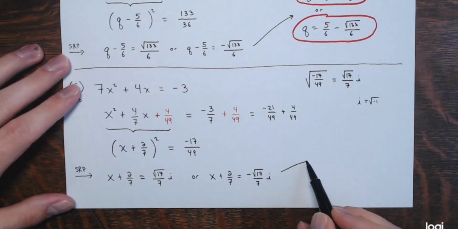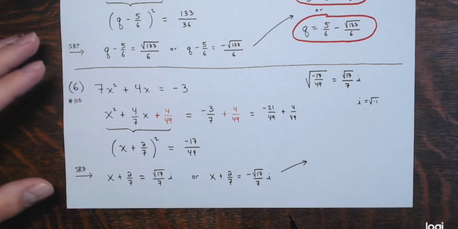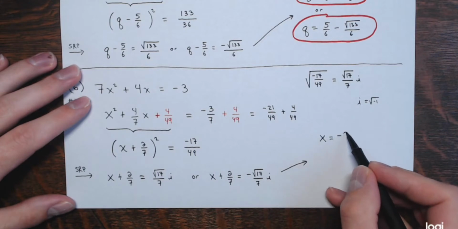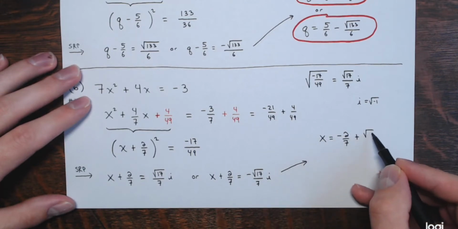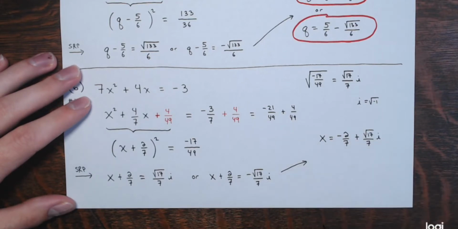And then over here, to solve x in both of these, we simply subtract 2/7 from both sides. So x equals, -2/7 plus the square root of 17 divided by 7, times i, or x equals -2/7 minus that square root of 17 divided by 7 times i.